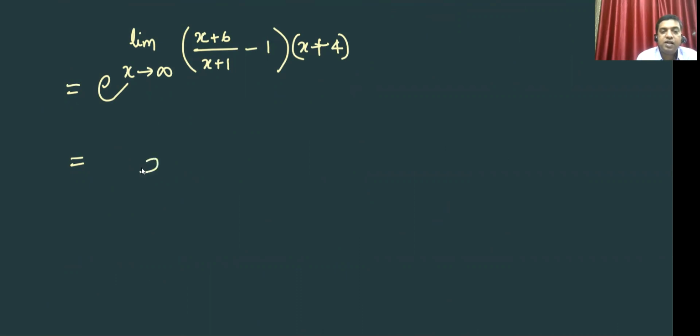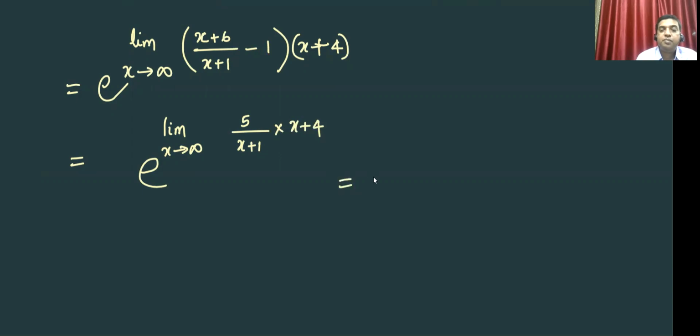So you have e power limit x tends to infinity, x plus 6 minus x minus 1, this will be 5 upon x plus 1, into x plus 4.